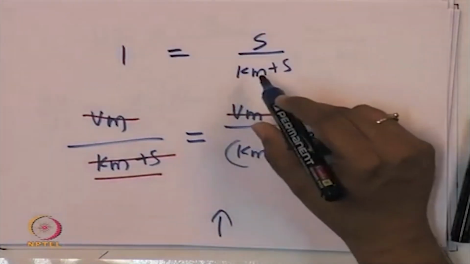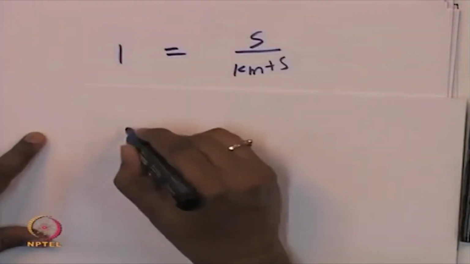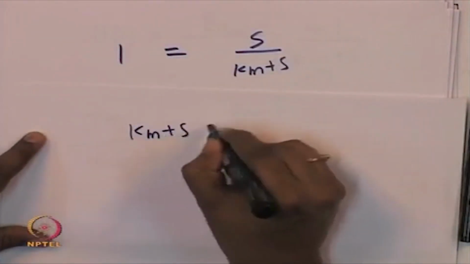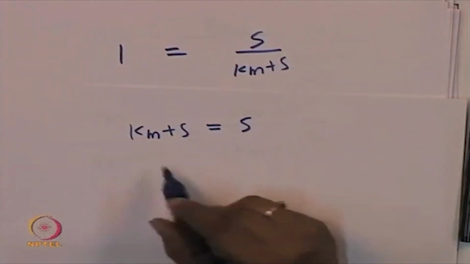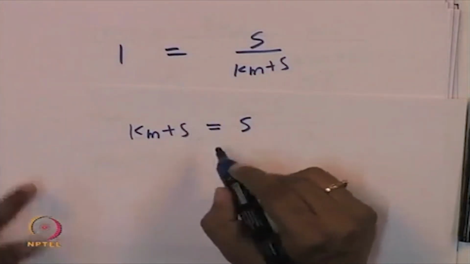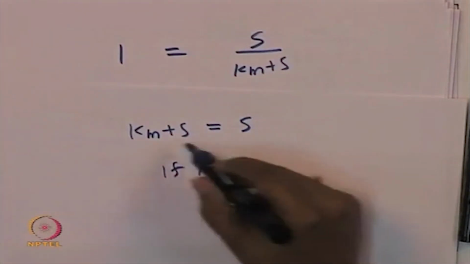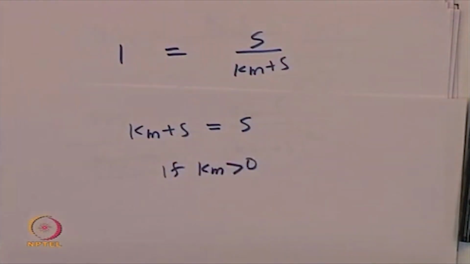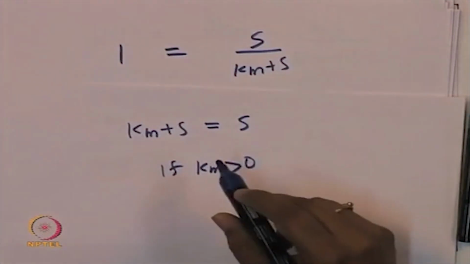In other words, if you rewrite this, what does this mean? This means that Km plus S equals S. If Km is greater than 0, this will not be true at all. Km is given to be greater than 0, so this can never be true. Therefore, no such minima exists.